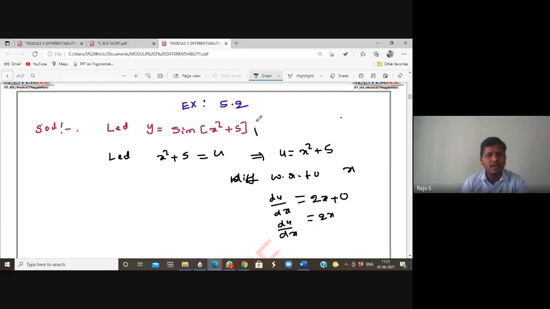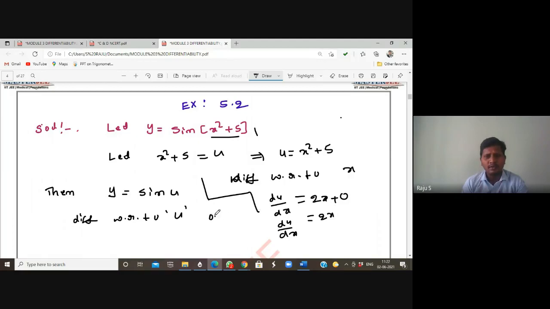When I consider x squared plus 5 as u, what about y? Then y becomes sine u. Yes or no, students? Now differentiate with respect to u on both sides.